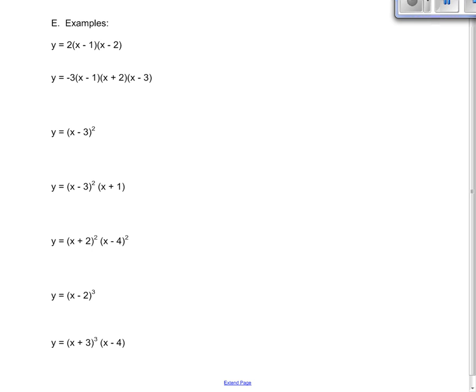Let's look at a few examples. The first one has degree 2. If I were to do the FOIL on that, multiplying out and expanding, I would have an x squared term. So I have a quadratic. I know quite a bit about quadratics. This one has a leading coefficient that is positive, so I have a positive, even degree.